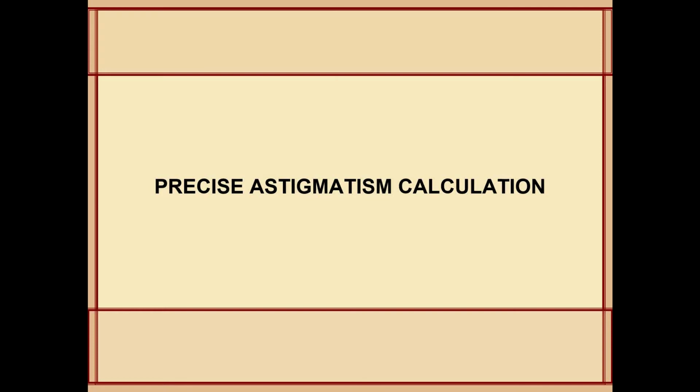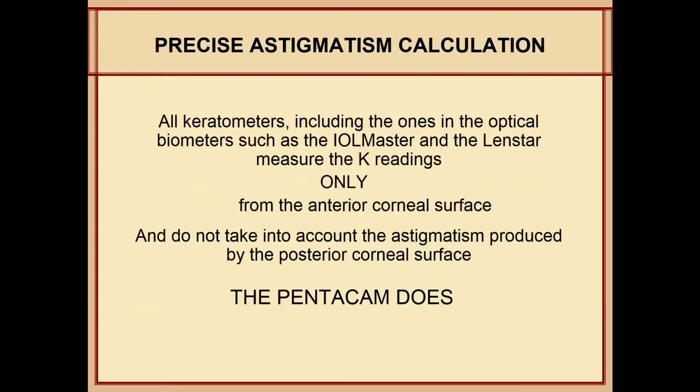No matter how much you're charging them, when they're paying you cash you owe it to them to give them the correct result, to do a surgery whereby they're going to end up almost plano for distance. So measuring the astigmatism in these eyes becomes quite important.